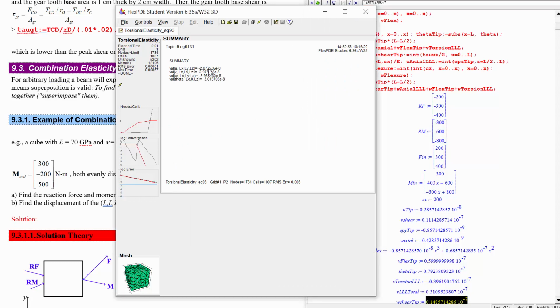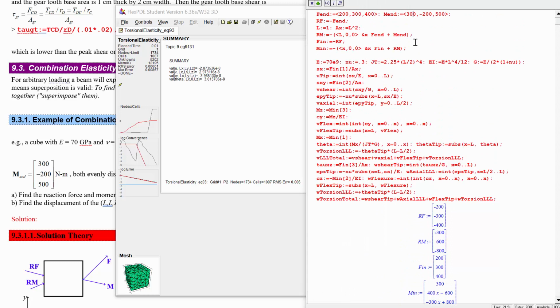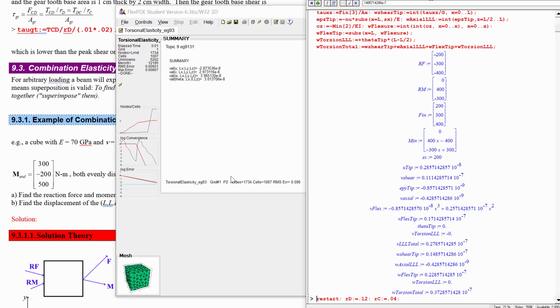But there is a way to check this, and that is to go back to the very start of the problem and to say that m end, instead of this thing, is equal to 0. And now we should be doing in FlexPDE exactly what we are doing in Maple, and we can see how close these things are.